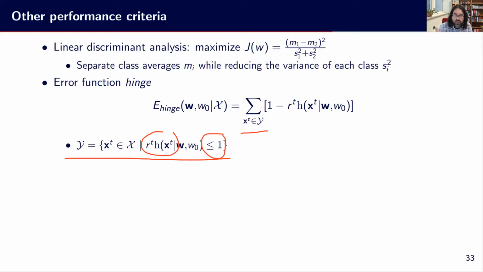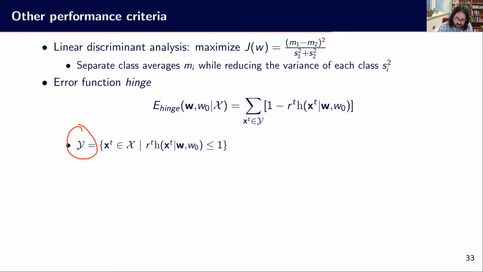It means that we can get some samples that are well classified, but their h value is less than 1. And with the h function, it means that they are really close to the decision frontier. And we want to avoid that. We want to get as few samples as possible close to the decision frontier. But yeah, we are using this to get the set of either misclassified or sample close to the decision frontier.